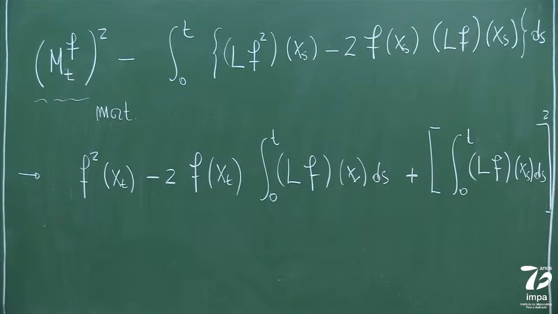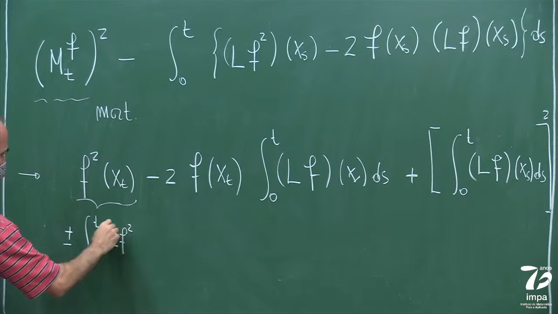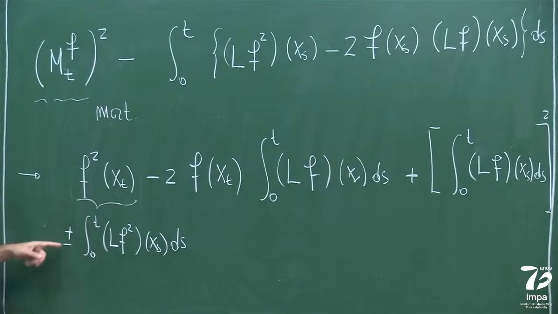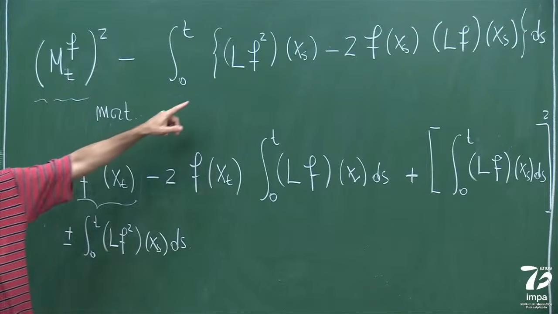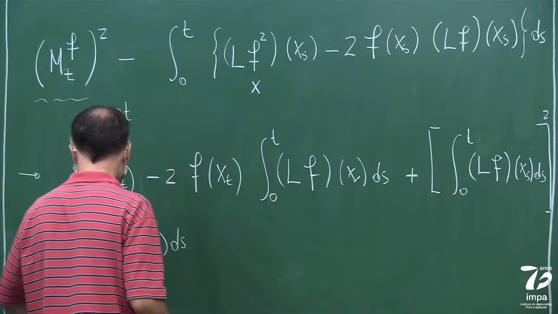Now, I know that if I subtract and add L applied to f squared at X_s, then f squared X_t minus this integral is a martingale. So this is what I do. I add and subtract this. By subtracting, I get a martingale, and the plus will give me a term which will cancel this one. Okay? So this term has been cancelled.